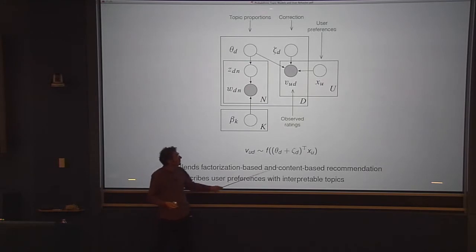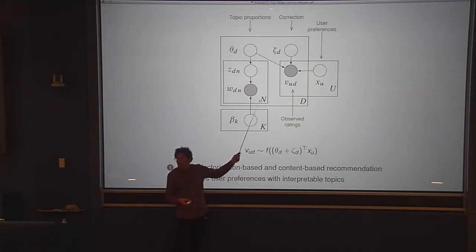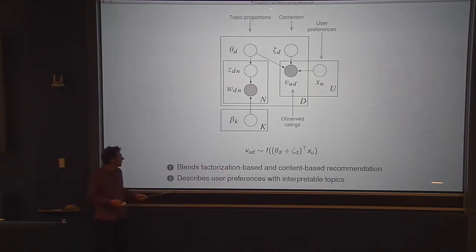Whereas here, dimension 62 corresponds to a topic that's meaningful because it corresponds to something that also had to generate a bunch of words and some articles. Okay, so this essentially blends matrix factorization-based and content-based recommendation and describes user preferences with interpretable topics.